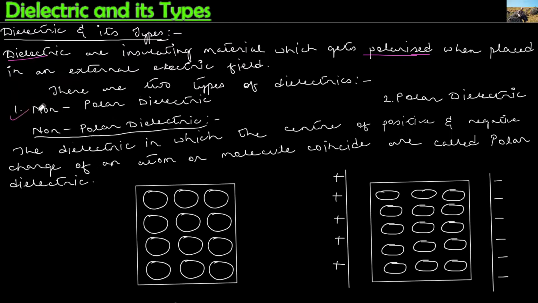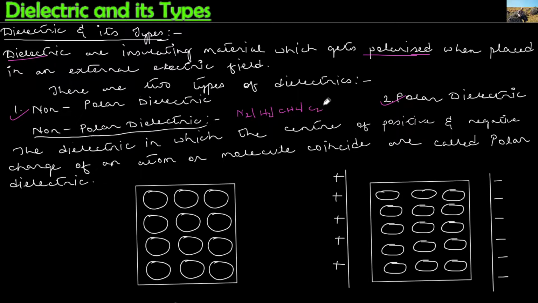Number one is what we define as nonpolar dielectrics, and the other is what we know as polar dielectrics. Examples of nonpolar dielectrics are nitrogen, hydrogen, and also a group of alkanes, for example CH4, C2H6, and so on.